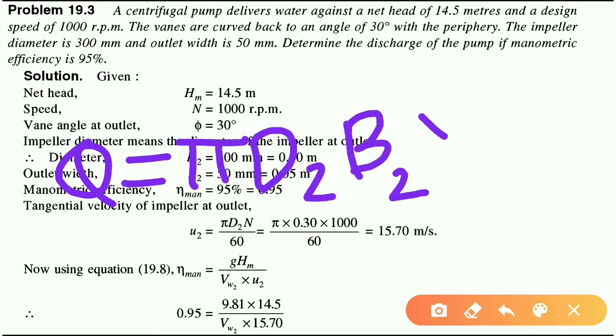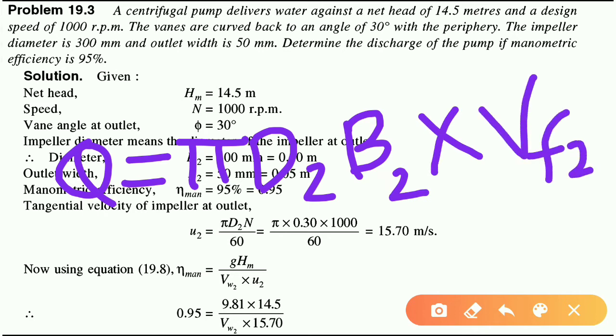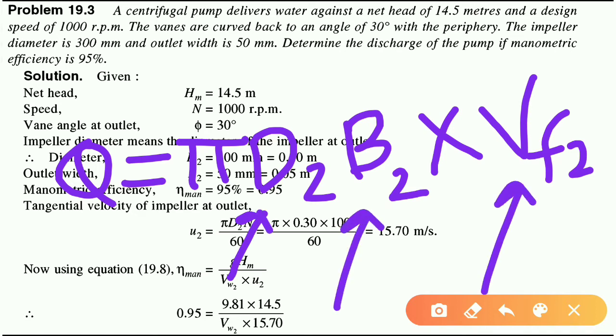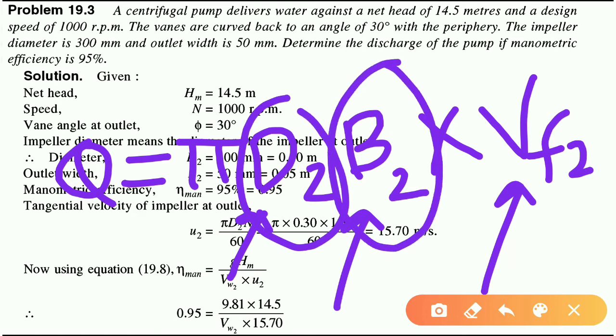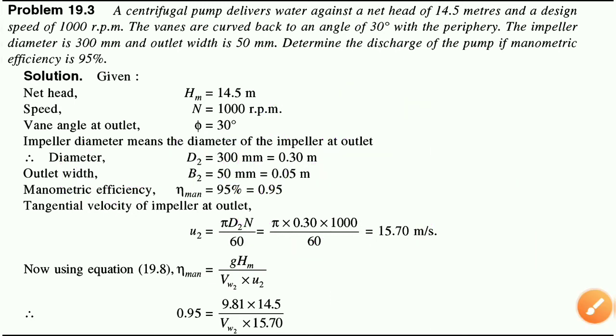d2 b2 multiplied by Vf2. So if we need to find out the discharge, we should know the value of this d2, this b2 and this Vf2. Value of d2 is already given, value of b2 is already given, so we only need to find out the value of Vf2.